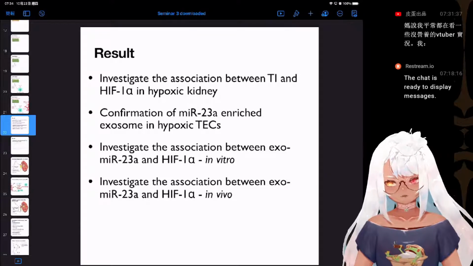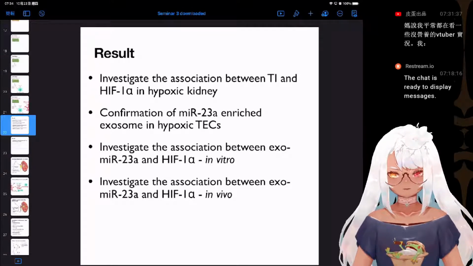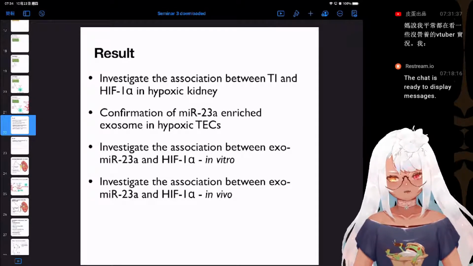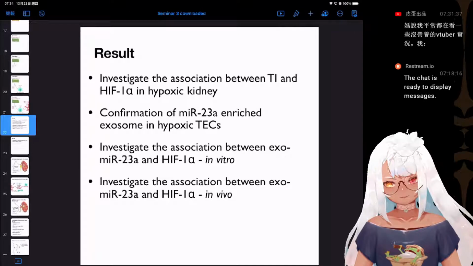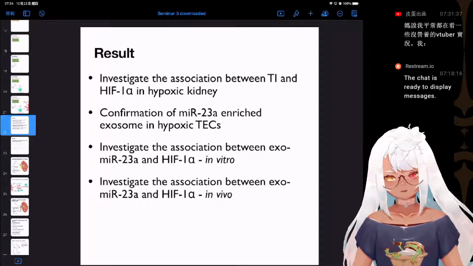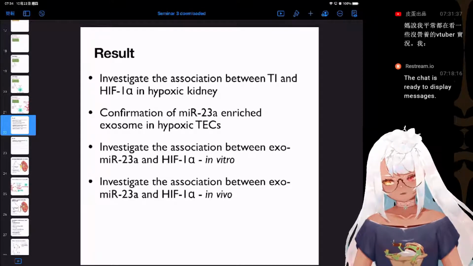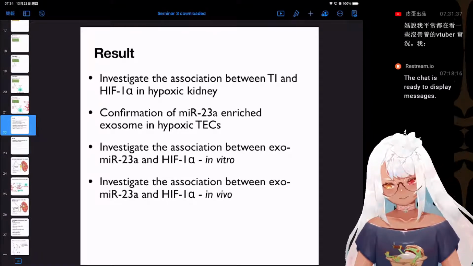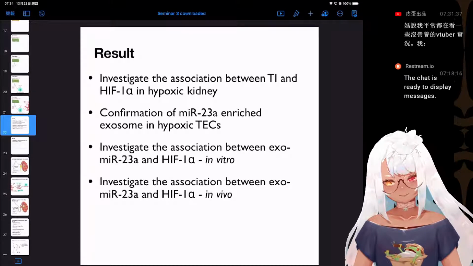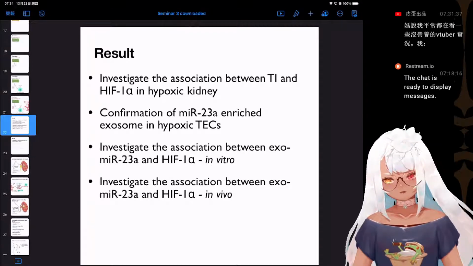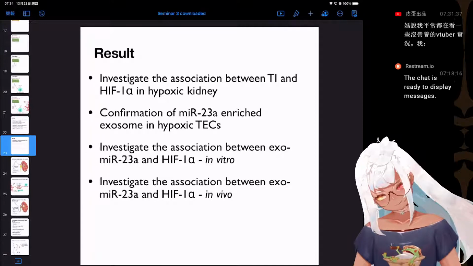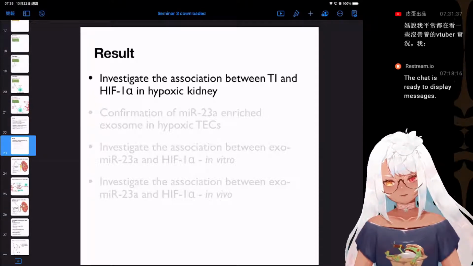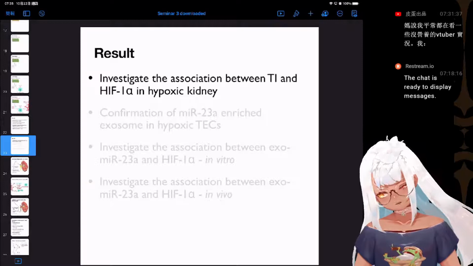After all the fundamental information is gathered, next they will investigate whether there is an association between exosomal miR-23a and HIF1 in hypoxic TEC, and in association with tubular interstitial inflammation, in the in vitro model and in vivo model. So first of all, let us see the association between TIN and HIF in hypoxic kidney.